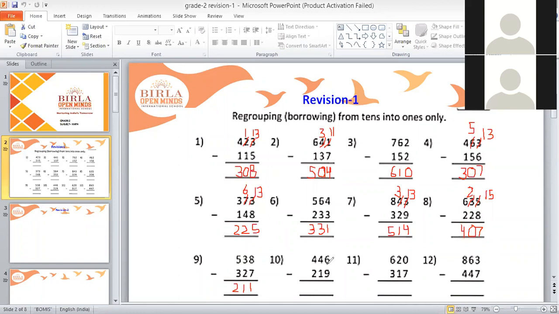Okay, so what will this 4 become? 3. Okay, so we'll cut this 4 and this 4 will become 3. And what will this 6 become? 16. Okay, so this 6 will become 16.